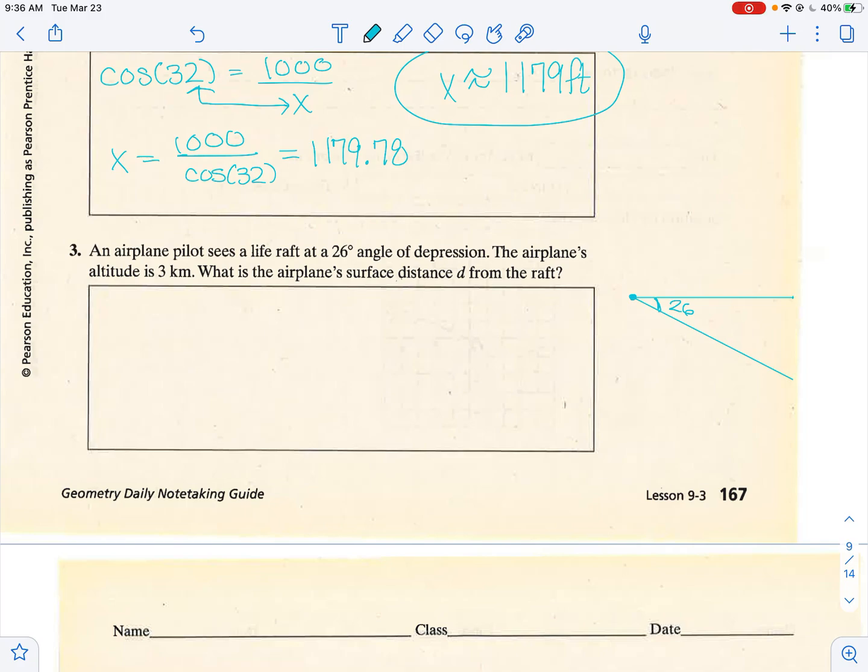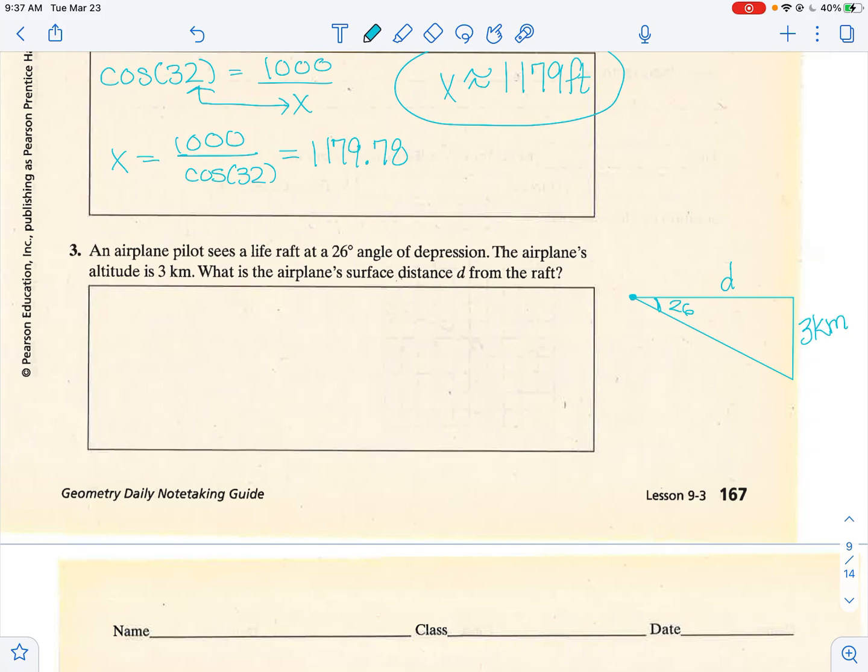The airplane's altitude, so straight up from the life raft, the airplane is 3 kilometers above the life raft. What is the surface distance from the raft? So just the distance between the plane and the raft. We don't want to know the actual distance. It's like if they're both on the ground, how far away would they be?